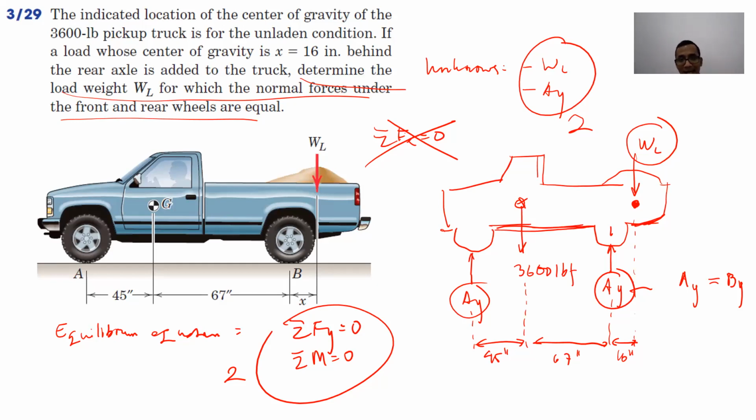Then try to list all the unknowns, and then try to list out all the equations that you have. If the number of equations and the number of unknowns match, then you can solve the problem. Always start with drawing the free body diagram and try to put as complete information as possible in your free body diagram.